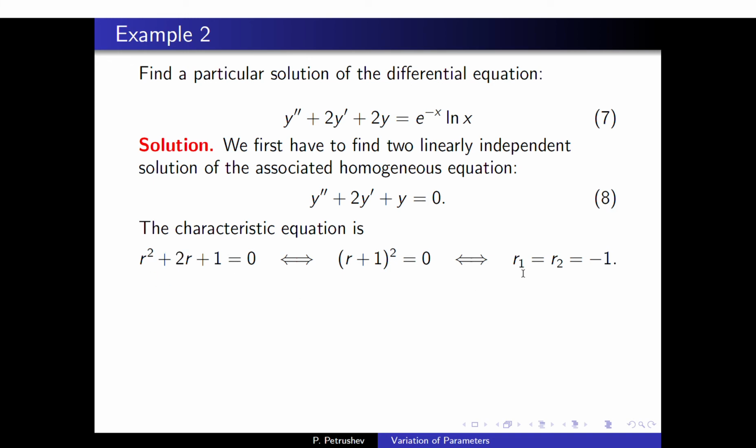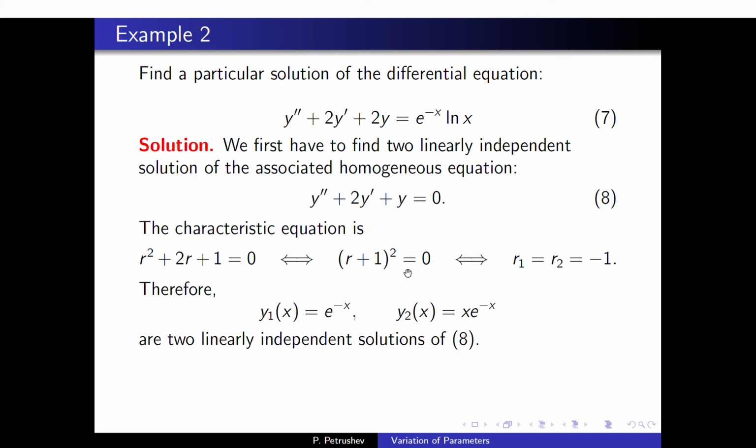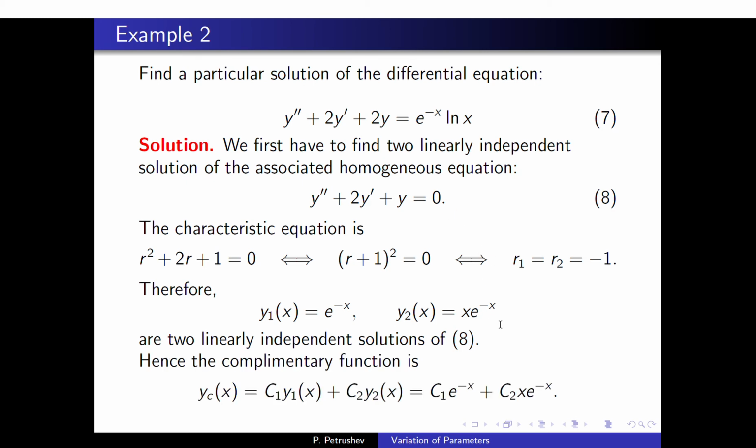We have a double root, r1 equals r2 equals -1. So we know that in a situation like this, e to the negative x and x times e to the negative x will be two linearly independent solutions of the homogeneous equation. Therefore, the complementary function is given by this formula.